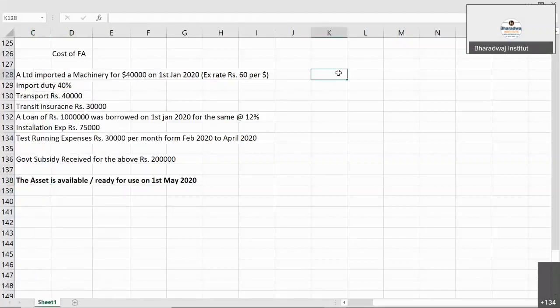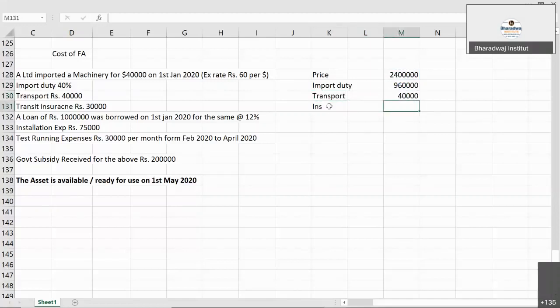So what are the things that can be included? What is the price of the asset? $40,000 into 60 rupees. Import duty will be on this 40%. They have not mentioned anything about adjustment, etc. Transport charges should be included.